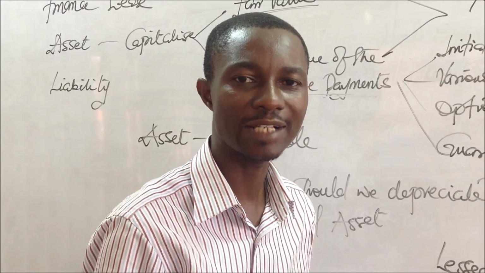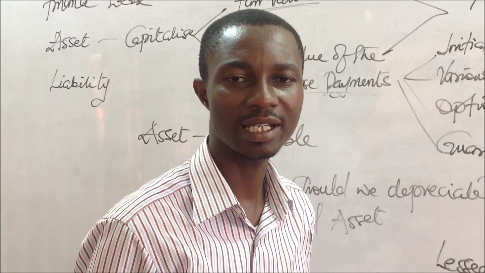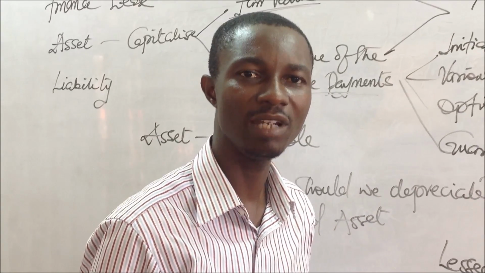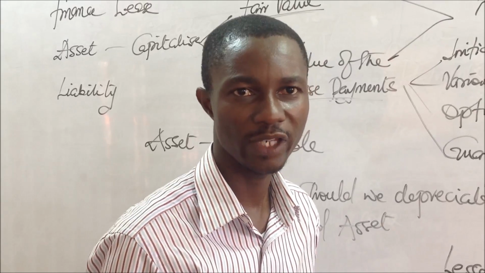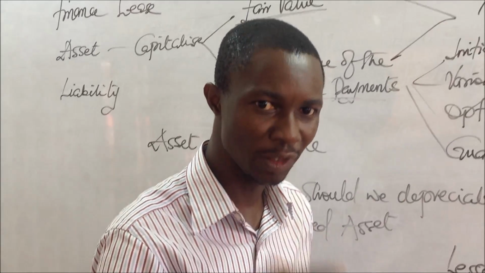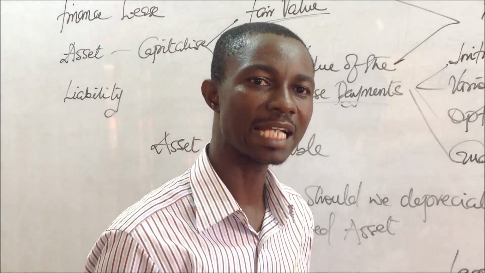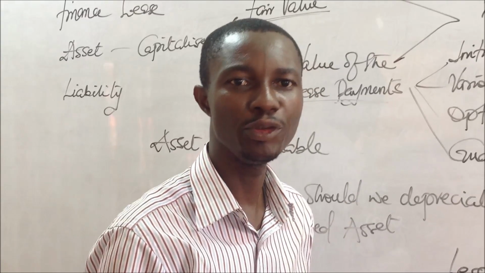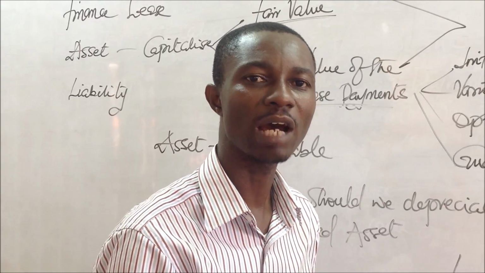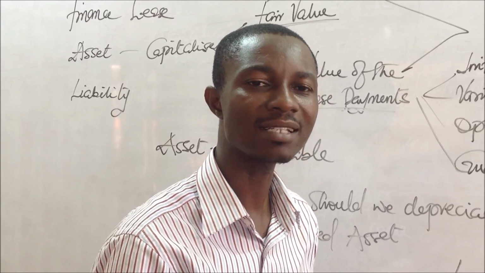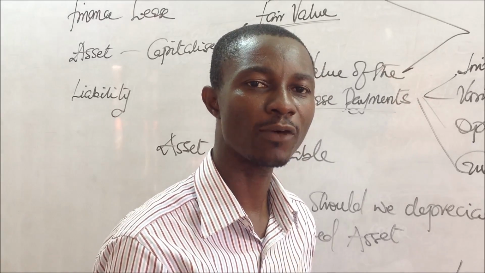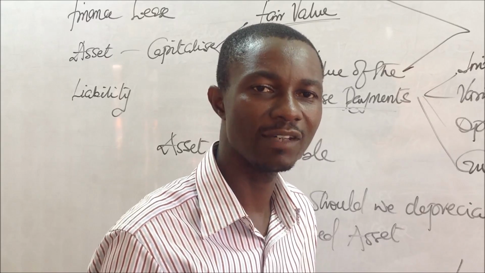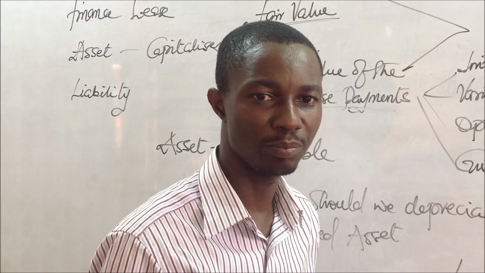The other way around, assuming that the useful life of the asset is 3 years and you have leased the asset for 4 or 5 years, I don't know why you would do that, but assuming you did, then by the end of the 3rd year, from your policy, the company would have fully depreciated the asset. So the asset will not be in use. So in the 4th year and the 5th year, effectively there is no asset to depreciate.